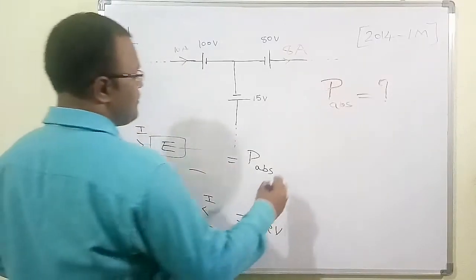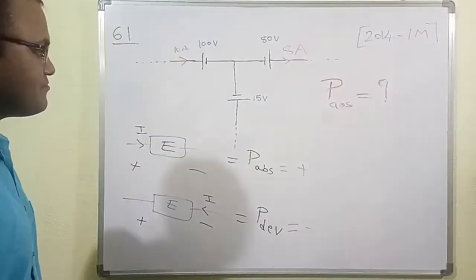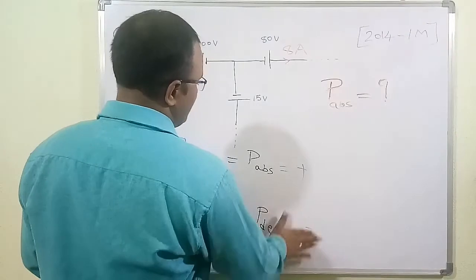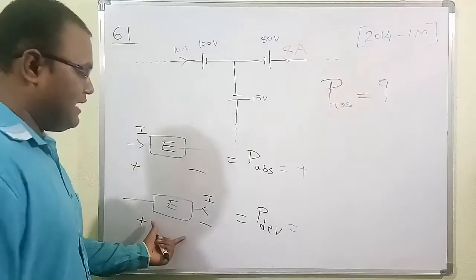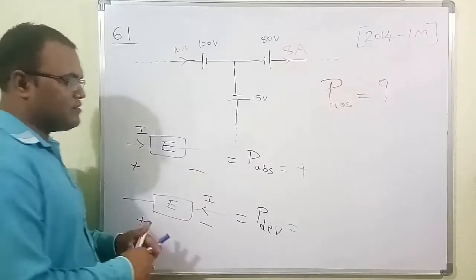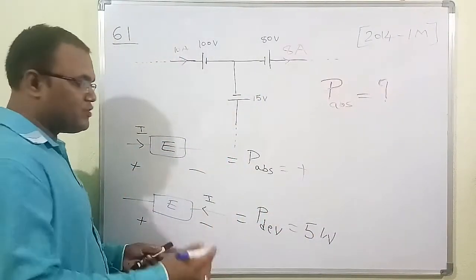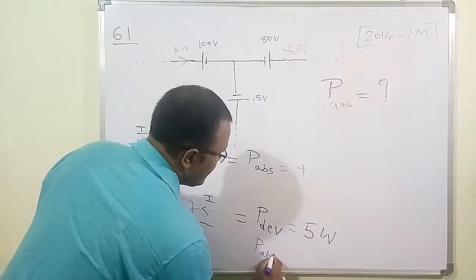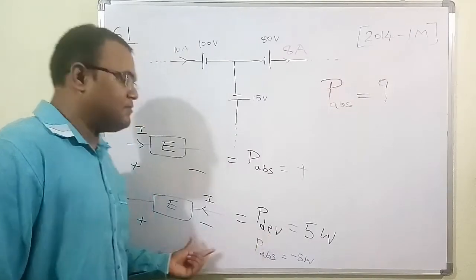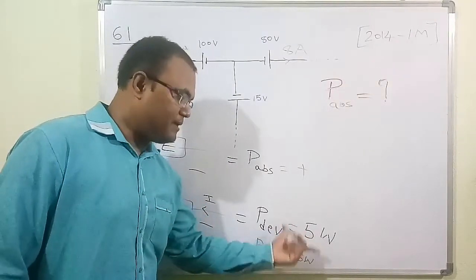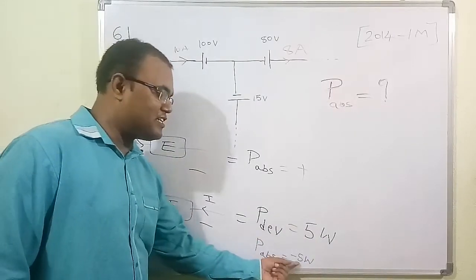Suppose we assume power absorbed is positive, then the power delivered has to be the negative of it. Suppose this element is going to deliver 5 watt, then we can say in another fashion that this element is going to absorb power of minus 5 watt.